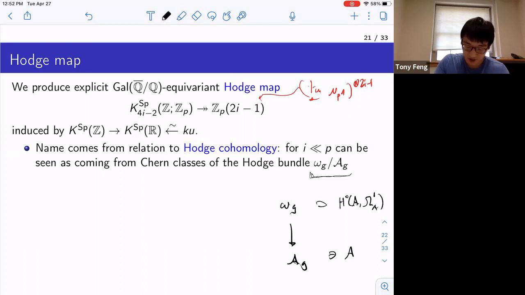So anyway, given a vector bundle, you can make Chern classes. Those will live in cohomology. But the rub here is that it's in rational cohomology a priori, because it turns out we want to take this sort of 1 over (2i minus 1) factorial normalization.